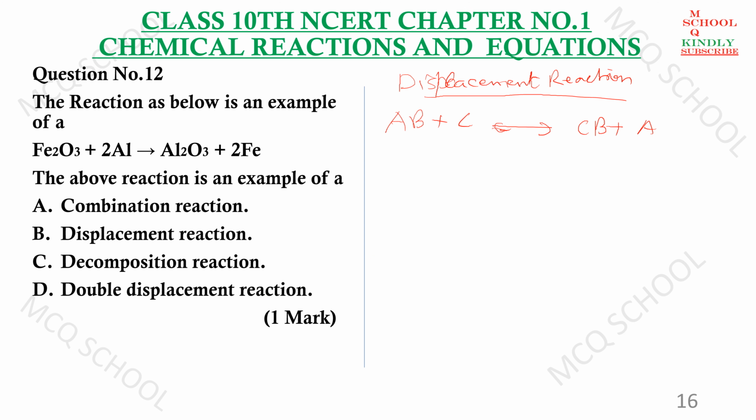In a displacement reaction, we know one compound reacts with one element, it interchanges to form a new compound and a new element, as shown in the slide. Similarly, in our case, ferric oxide and aluminium reacts to form aluminium oxide and iron. So it's a displacement reaction.